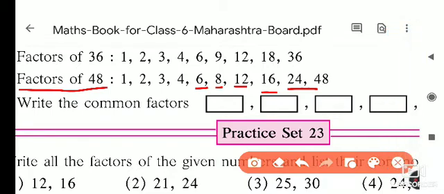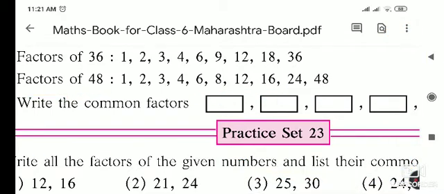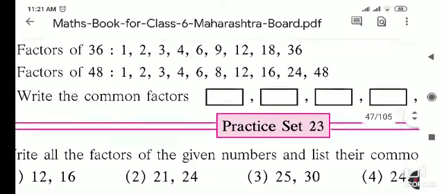So when you learn the tables, you will get the factors of given numbers immediately.